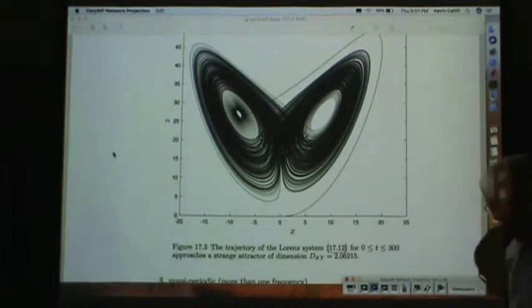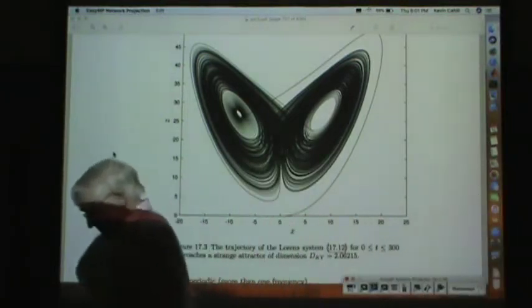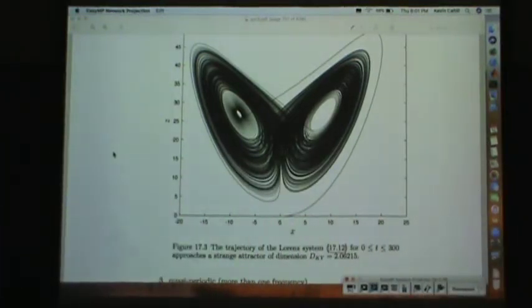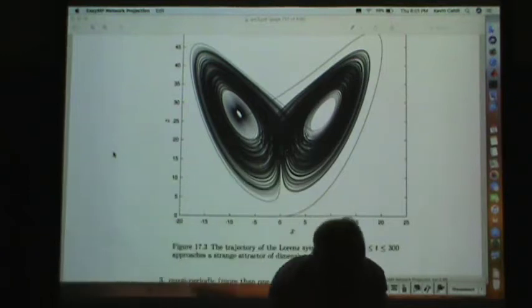It's a good thing I'm not giving out eggs. I'll get to that in a moment. There are several definitions of dimension, and for most systems they coincide. They're just different ways of defining dimension. But we'll get to that in a moment.